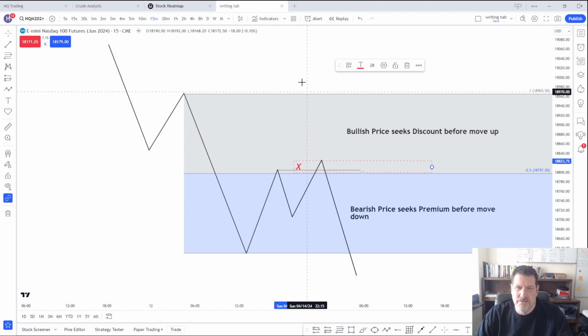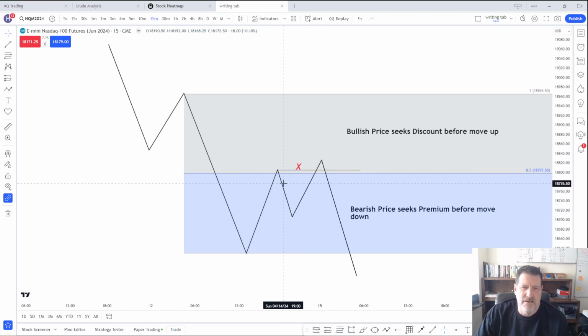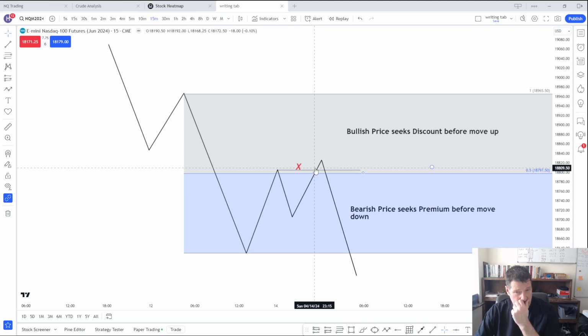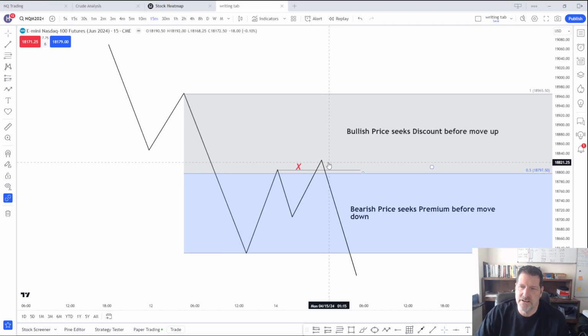When I do that, that annotates a sweep, which means they're taking a stop hunt, which we'll talk about in a later lesson. But after it takes a stop hunt in a premium, the market then goes into a discount and then actually goes below this lower low.